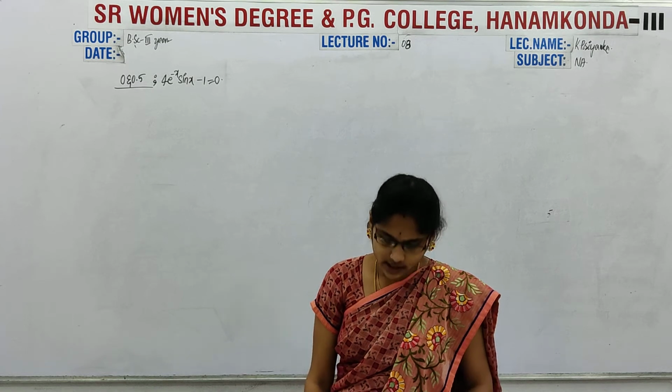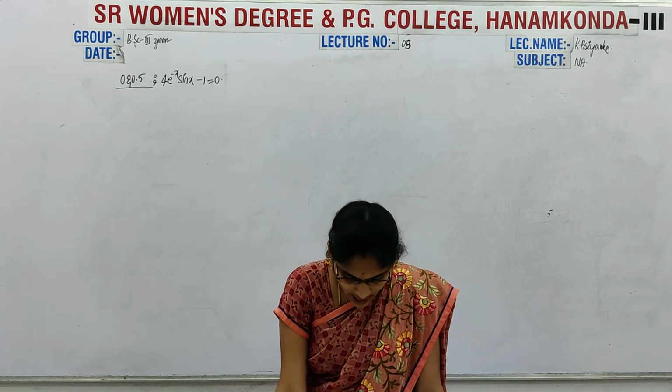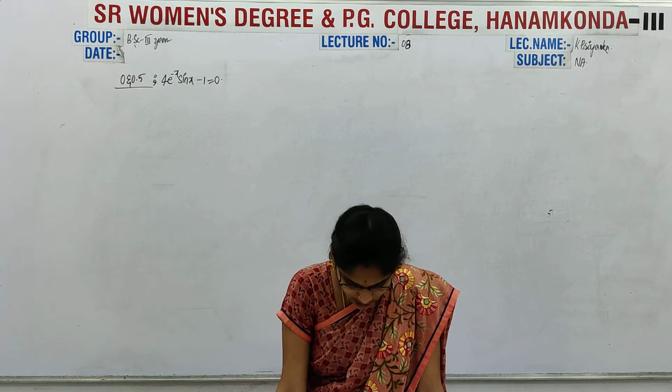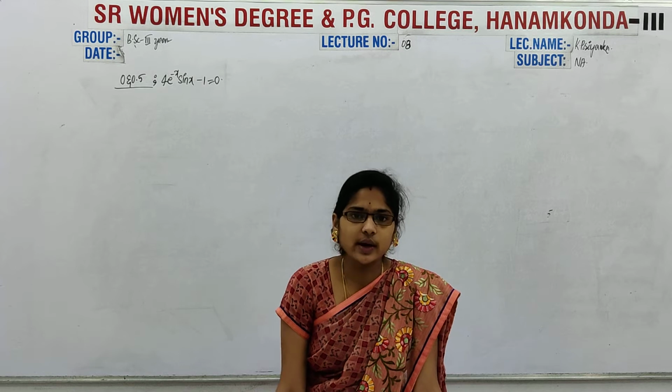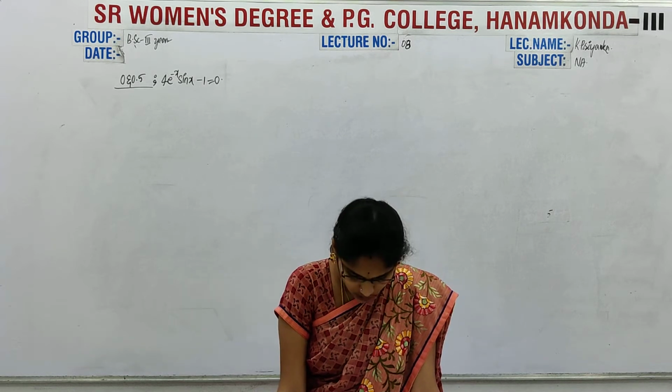So for this one, what they are asking, we have to find the root, and that is nothing but correct to 3 decimals only. And the root lies between 0 and 0.5, they gave the interval also.